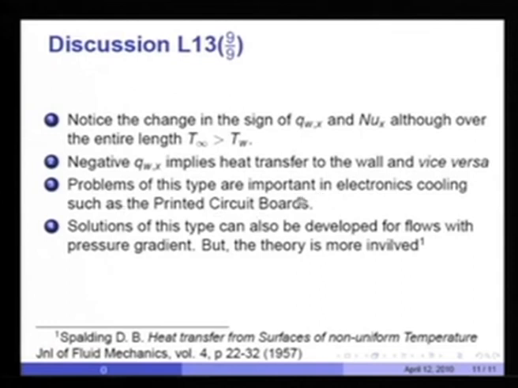So, problems of this type are important in electronics cooling, such as printed circuit boards. So much so that many a time the heat generating surface itself, if it was in the wake of a certain type of temperature variation, then a heat generating condenser would actually, instead of giving out heat, receive heat from the gas, and either it can go into an adiabatic case or actually a positive heat flux from the gas air to the component, and the temperature of that component would suddenly shoot up and a drift would occur.